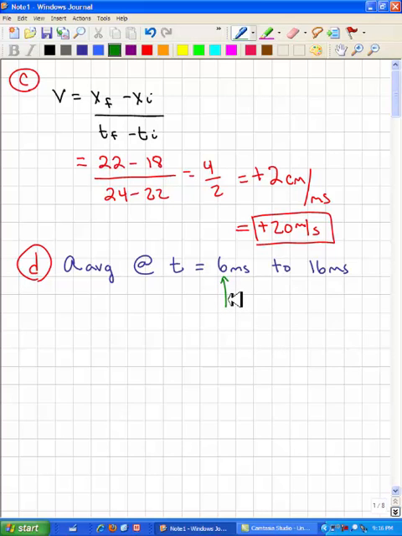Velocity at 6 milliseconds, which we found in part B, was negative 25 meters per second. And at 16 milliseconds it was positive 20 meters per second.